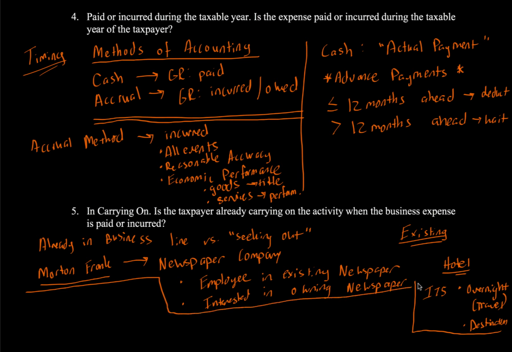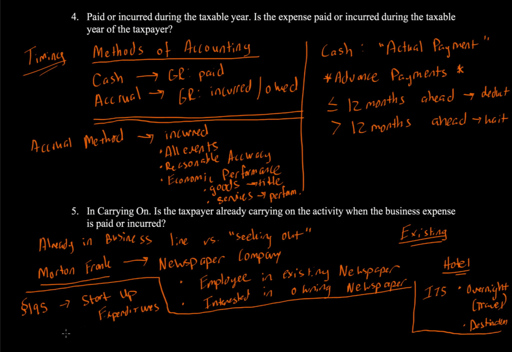Now, you can't necessarily deduct it under Section 162, but there is a provision, Section 195, that deals with startup expenditures. And Section 195 is for when Section 162 does not apply.